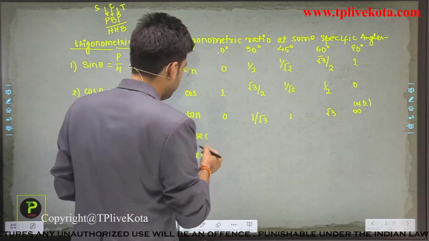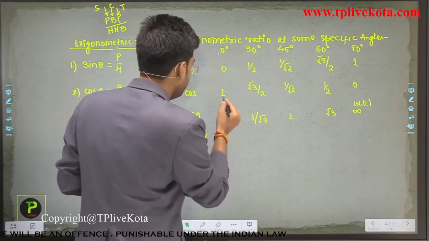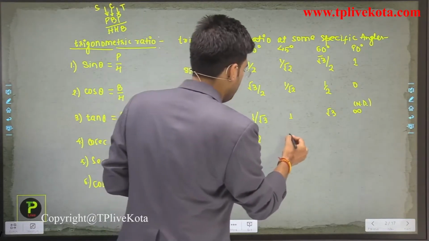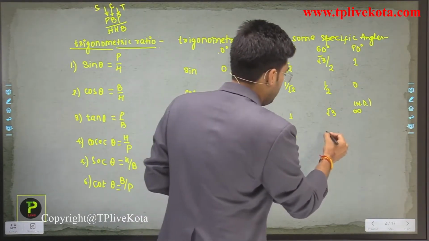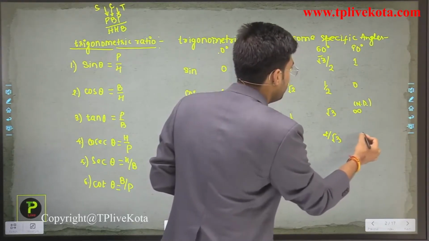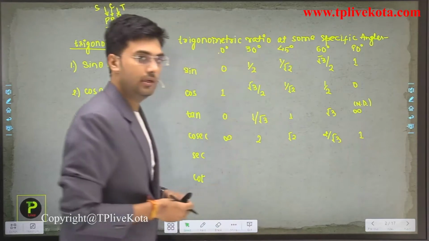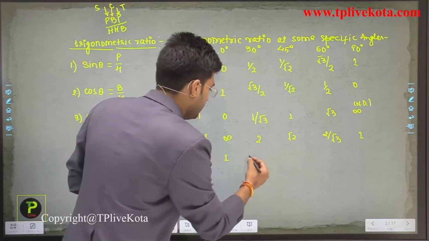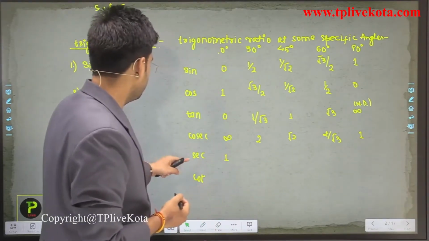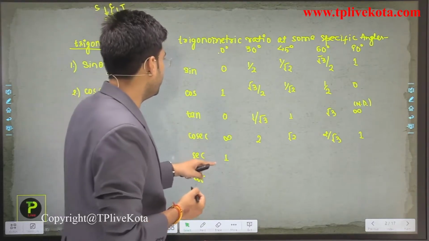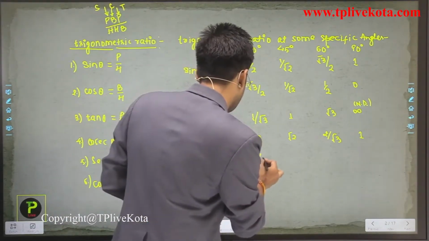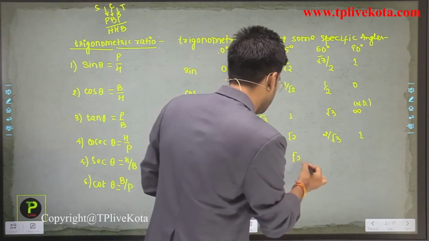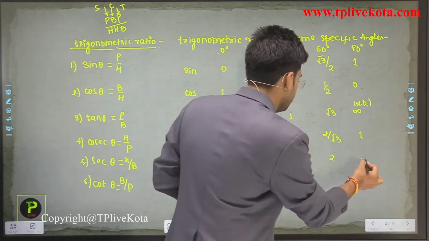Similarly for cosec, cosec is the reciprocal of sine, so it is not defined, 2, root 2, 2 divided by root 3, and this is 1. Clear? Now similarly for sec, it is 1 at 0 degree, 2 by root 3, root 2, 2, and this is infinity.